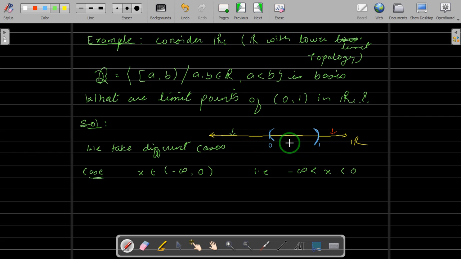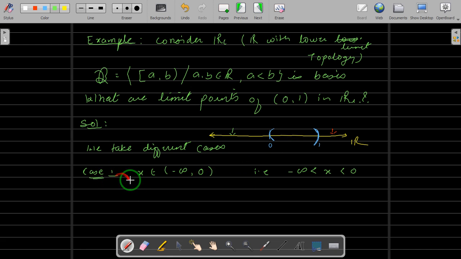That means for every neighborhood, the deleted neighborhood should intersect the given set. My claim is this is not a limit point, which means there exists a neighborhood of this x whose intersection with this set is empty, and hence x is not a limit point.